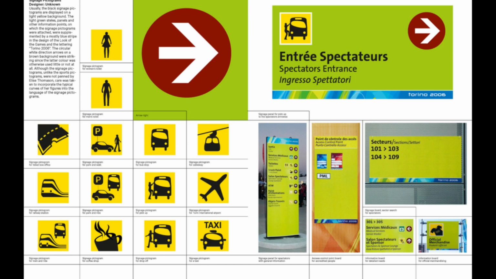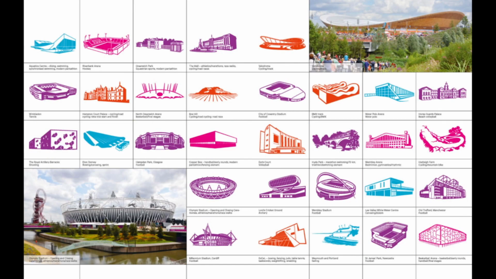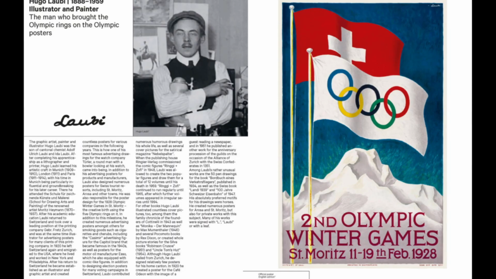Every Olympics have their pictograms, but you cannot express ideas in 10, 15 languages to touch half of the audience. That's impossible. So finally, English is the basic language for all the Olympics.